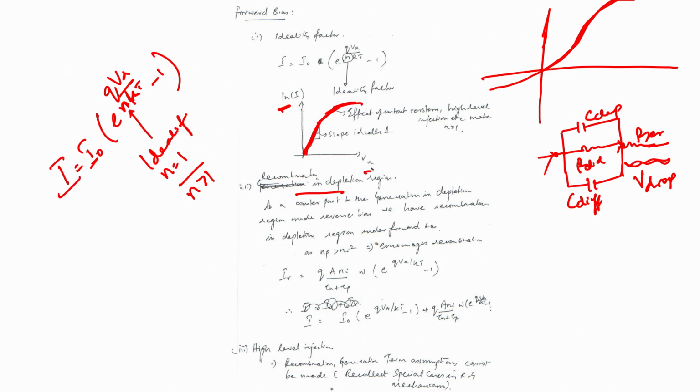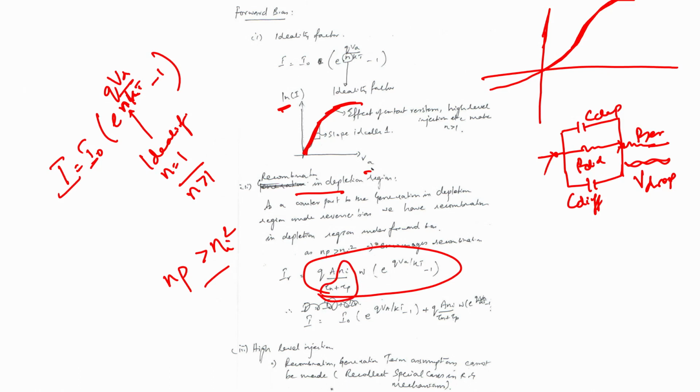But in forward bias the np product in the depletion region is much greater than ni square, and therefore recombination is encouraged as compared to carrier generation. If you take into account the recombination, this will contribute to a current. The recombination current is essentially given by this term here. You have a recombination rate and then you have your continued diffusive component.